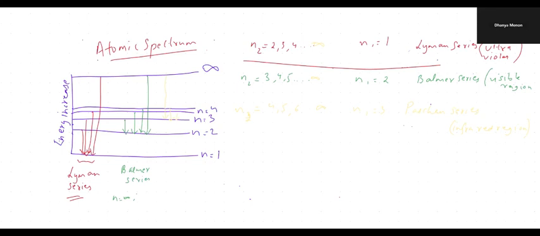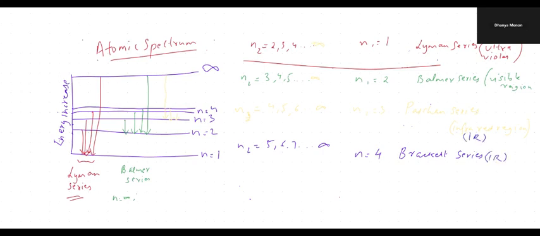Now, similarly, if the electron is moving from a higher energy level to N4, so N1 is 4 and N2 can be 5, 6, 7, etcetera until infinity, we get yet another series called the Brackett series. This also lies in the infrared, IR.